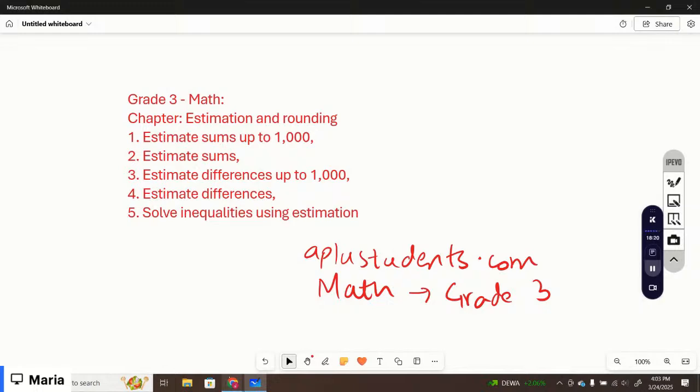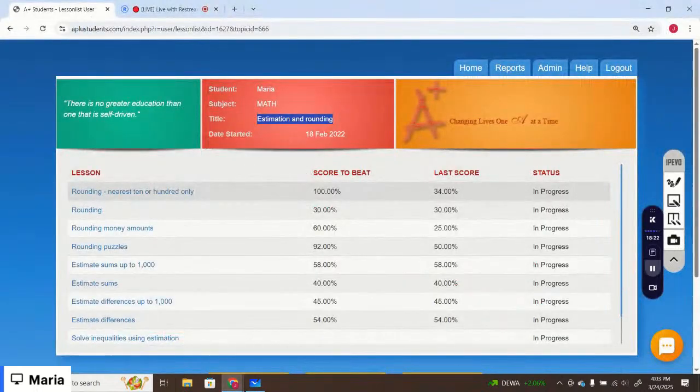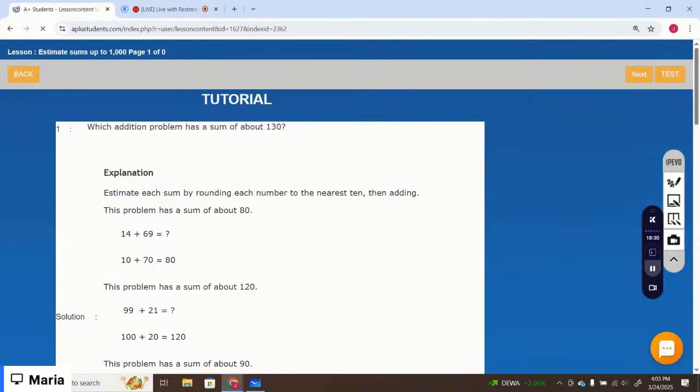Please make sure you have your notebook and pencil so that you can note down the important examples and definitions as well. Let's just start with the lesson that is estimate sums up to 1000.